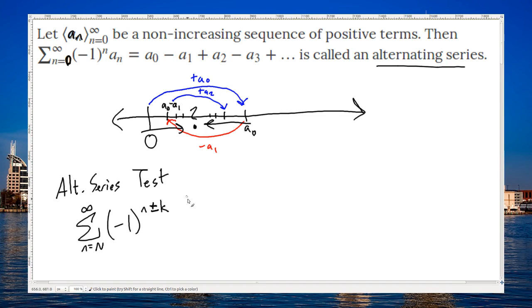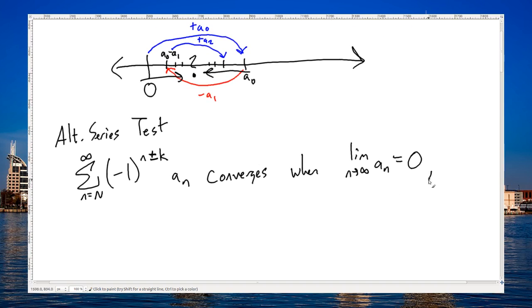Actually, that would be the same thing. So this is our alternating series, and it converges when the limit of the terms a_n goes to 0, and it diverges otherwise.